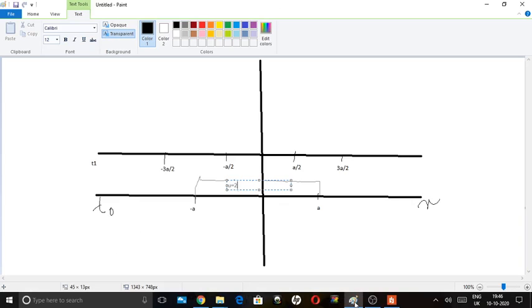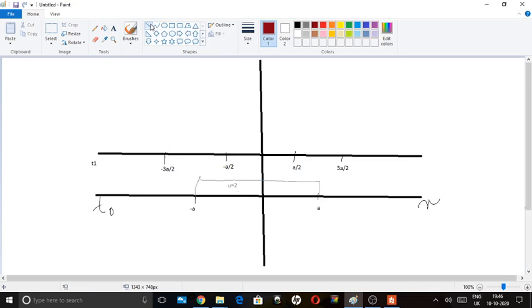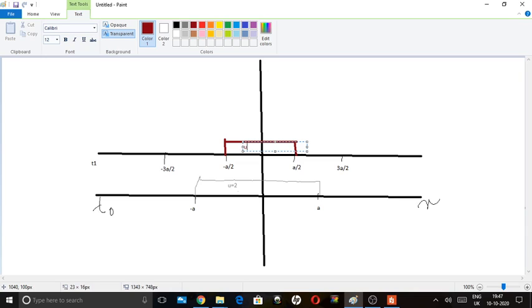So when x lies between minus a by 2 to a by 2, the value of u is equal to 2.